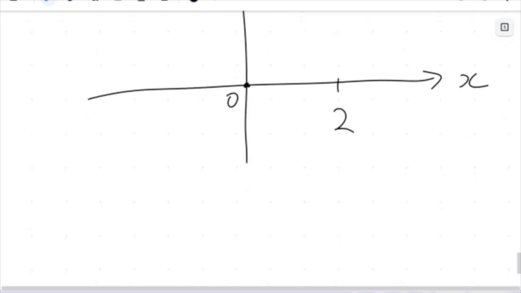So how can I find the middle of these two numbers, 0 and 2? Well, we looked at, in a different topic, a strategy for finding something in between two numbers. We can do this by averaging out these two numbers here.